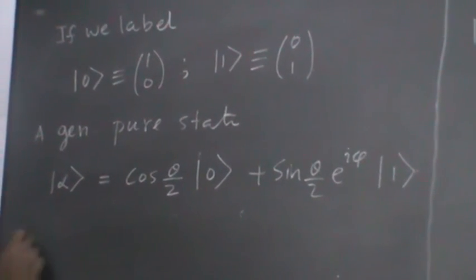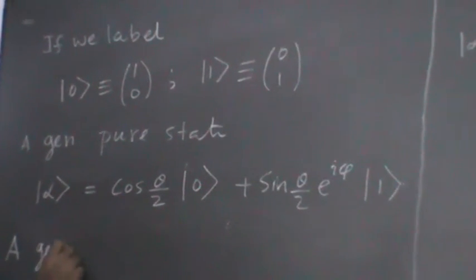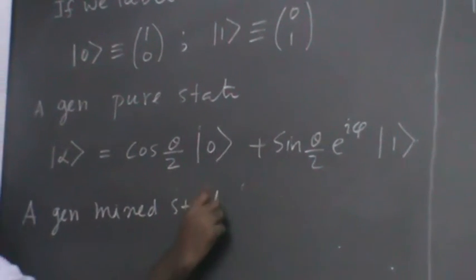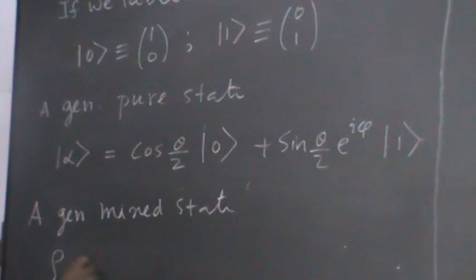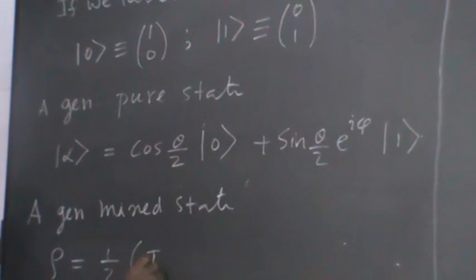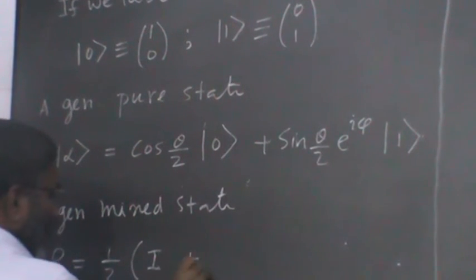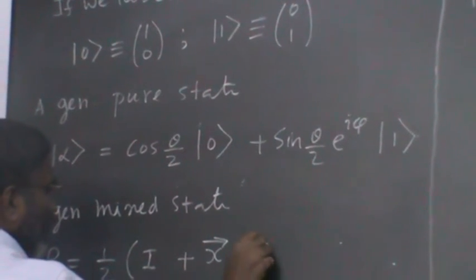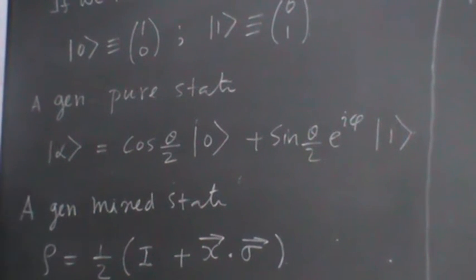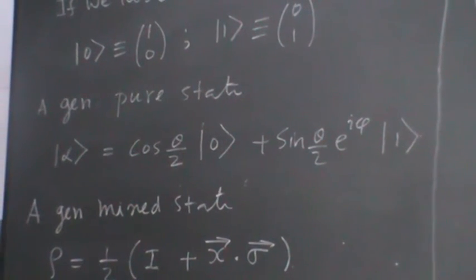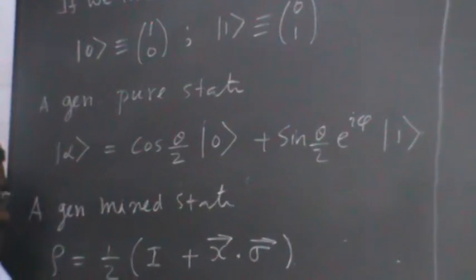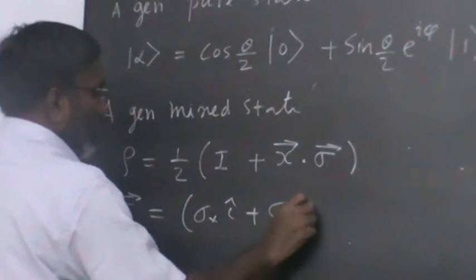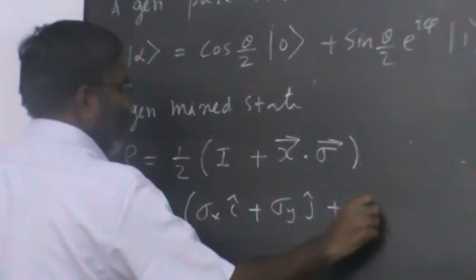And a general mixed state is defined by rho is equal to half of the identity plus a vector x dot sigma, where sigma is sigma x i-cap, sigma y j-cap, sigma z k-cap.